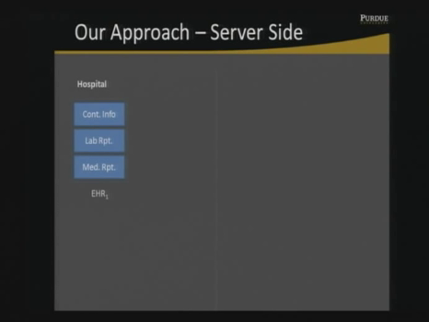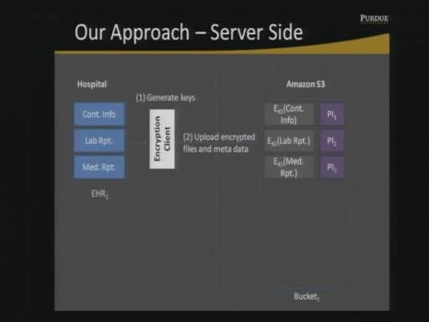So let me show you the flow of how the data is organized. For example, let's say we want to encrypt these hospital records and upload them to the Amazon S3 cloud. Just like the scheme mentioned earlier, users are initially given secrets based on their identity attributes, and then this encryption client executes a group key generation algorithm.